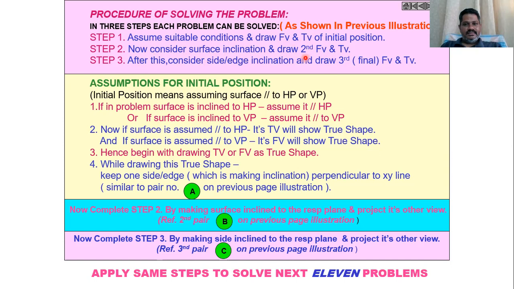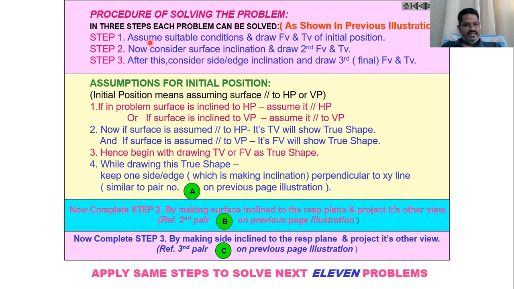Then after drawing the front view and top view by considering the inclination of the surface, maybe with HP or maybe with VP, we are going to consider the edge inclination, whether the edge has some angle with VP or HP.